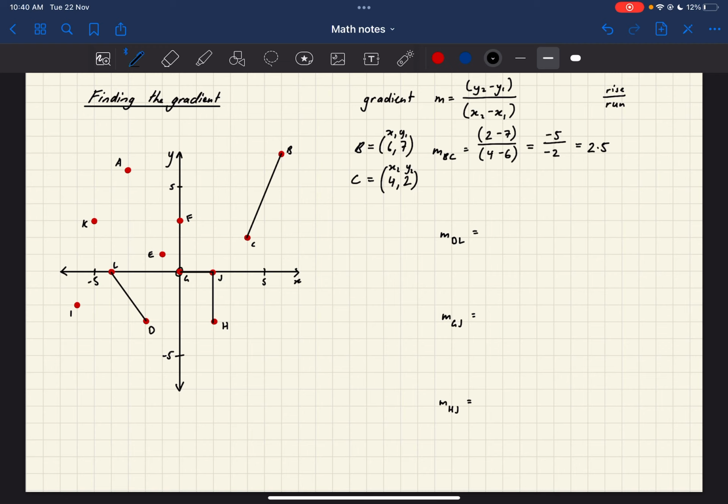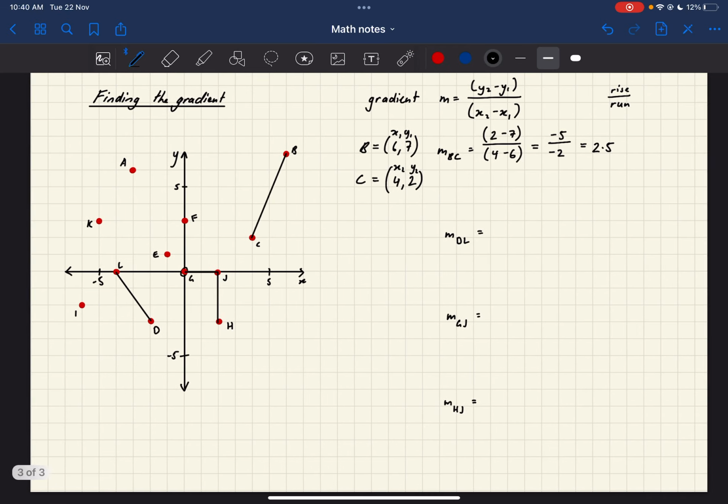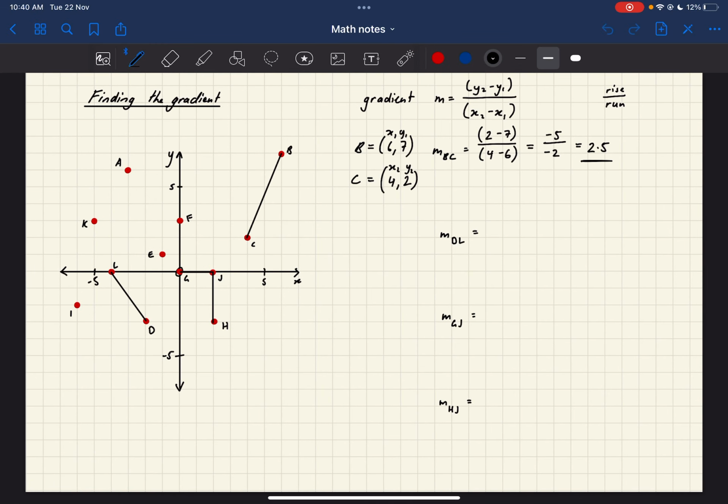It's up to you whether you do this in your head or on the calculator. I tend to do things in my head when I'm practicing, but in an exam or test conditions, I tend to use a calculator, because I know that little mistakes can lose me marks in an exam, so I just want to make sure that I've done everything right. So that is the gradient of our first line.